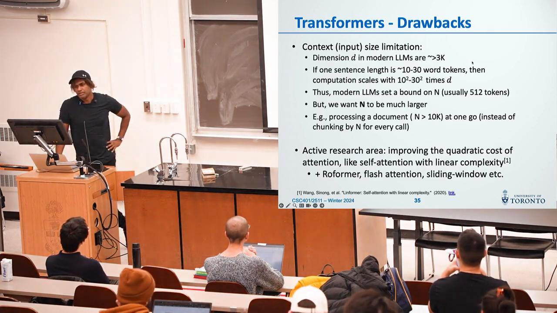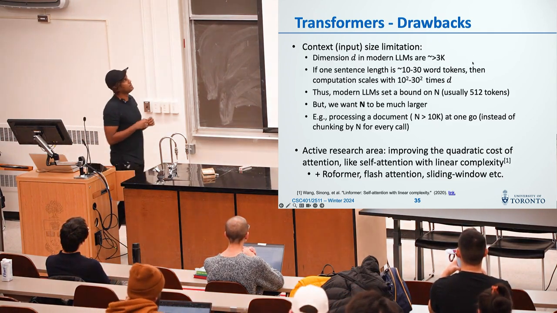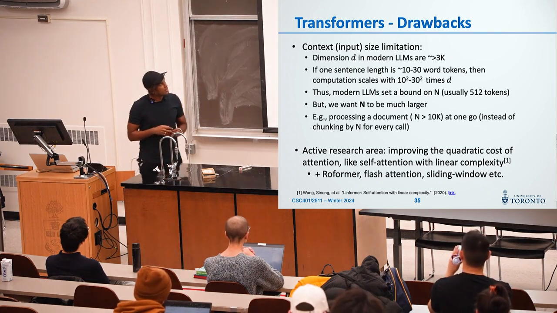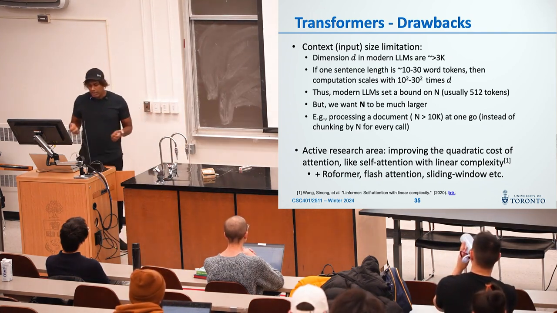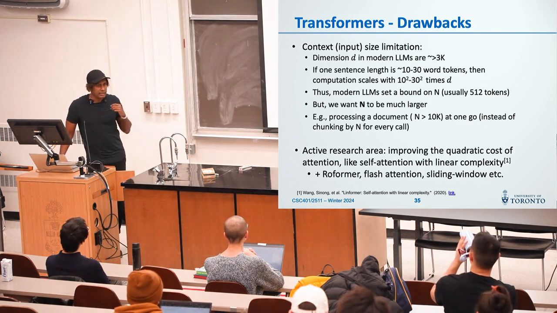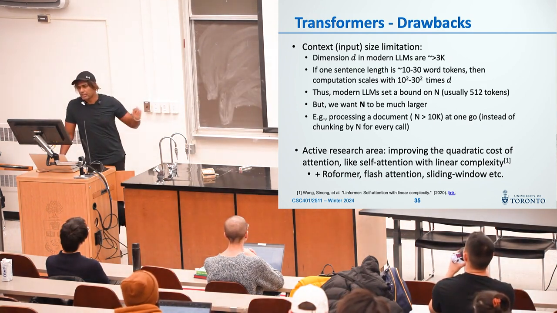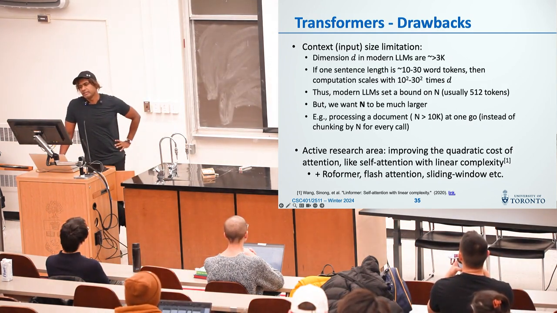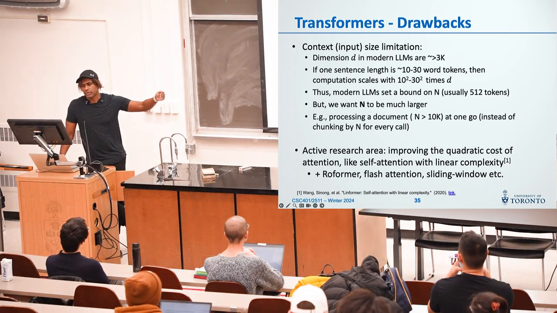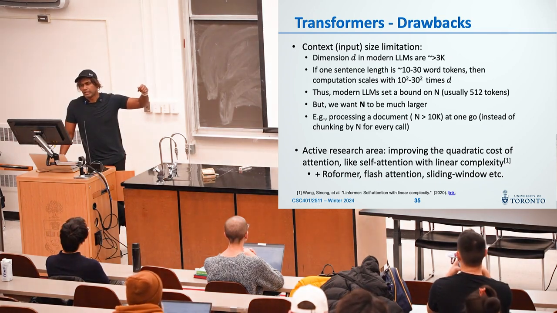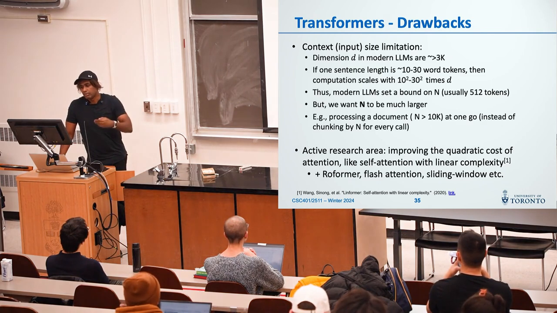As an example, say our dimension D, in modern LMs, it can be in the thousands range, but even if it's, let's say 1,000, and if you take a sentence length between 10 to 30 word tokens, then every time you want to have multiple sentences, your computation is scaling quadratically.